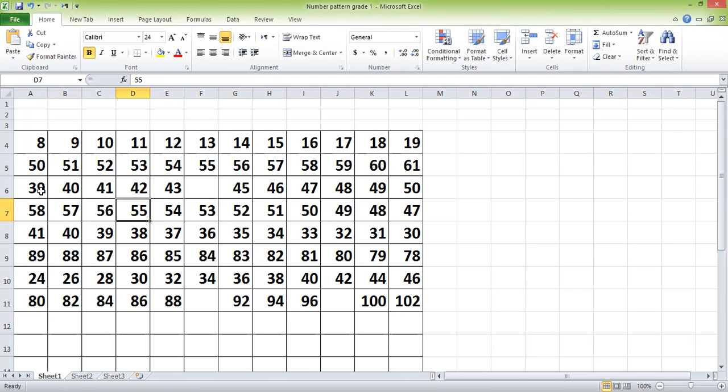How much you are adding? 39 plus what will give you 41? 40 plus what will give you 41? 1. So can you tell me after 43 what will come, guys? That's very good. The answer will be 44. After 43, there will be 44.